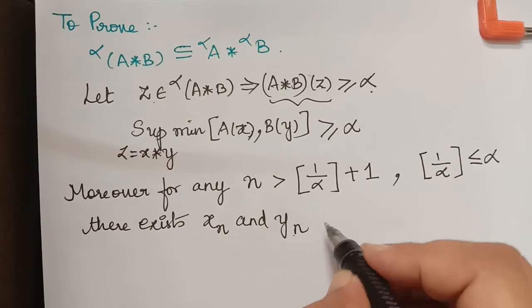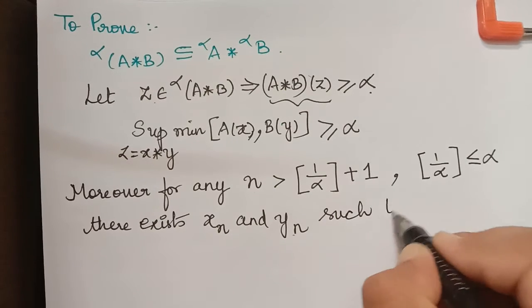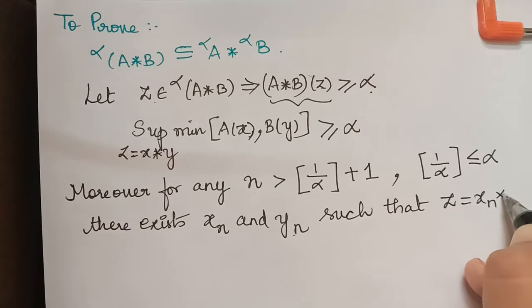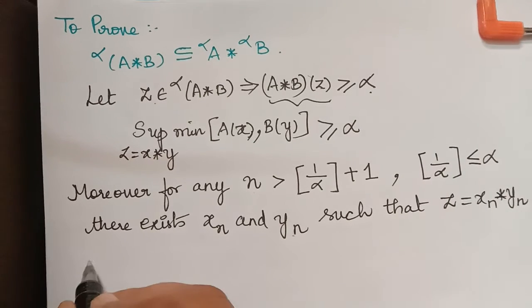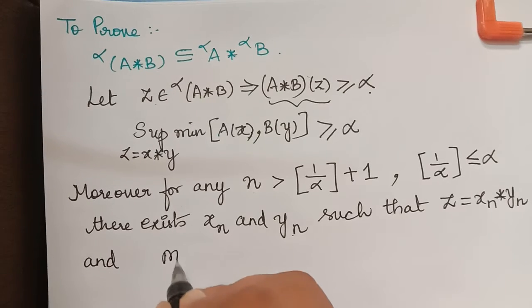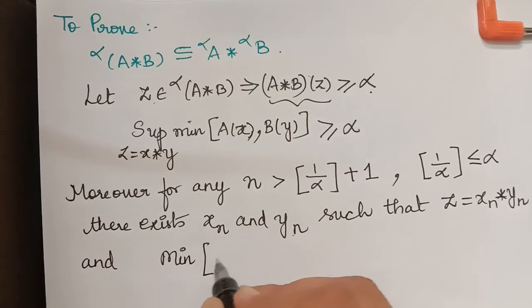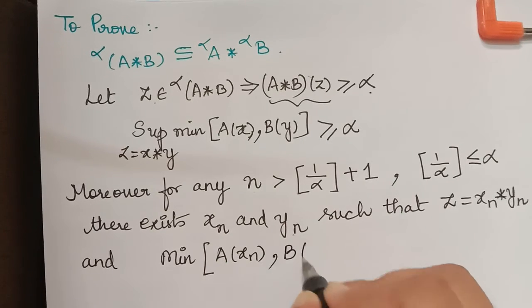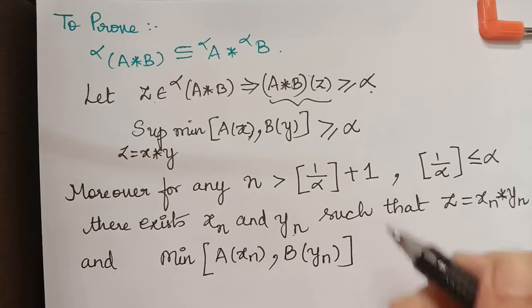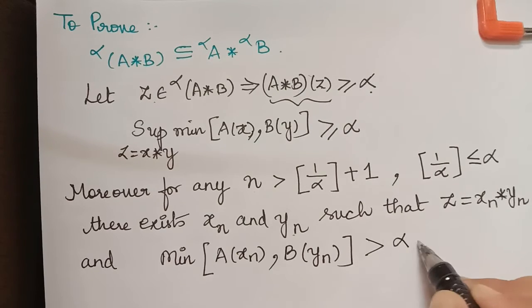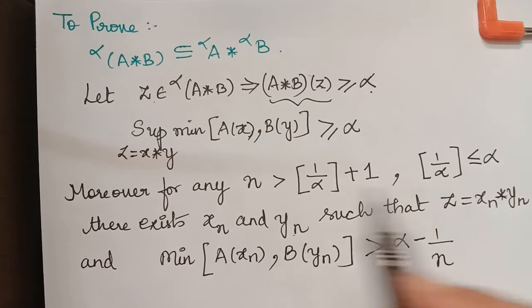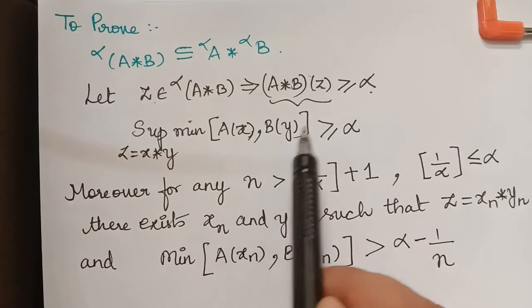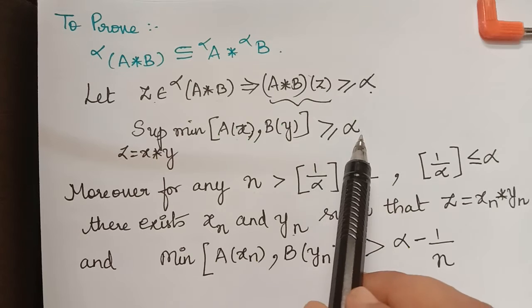So xn and yn such that z will be equal to xn star yn, and the minimum of the membership grades of these two, A of xn comma B of yn, will be greater than alpha minus 1 by n, because we know that the supremum of the minimum of A of x comma B of y is greater than or equal to alpha.